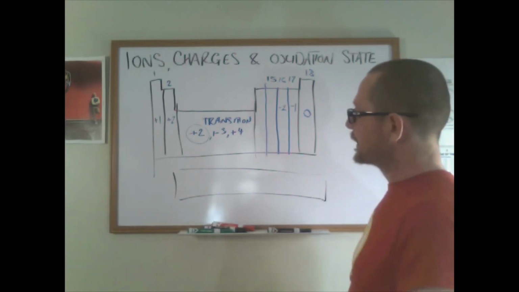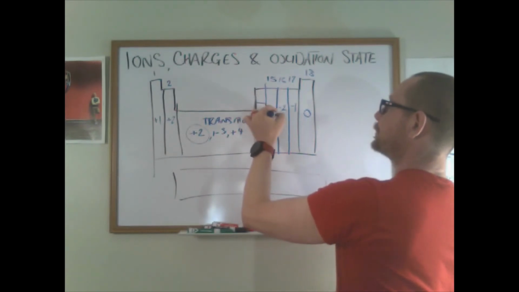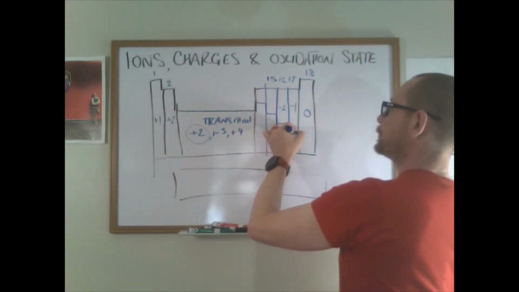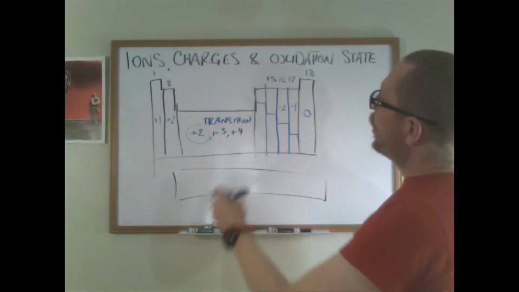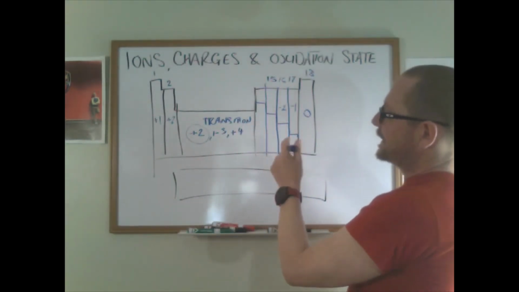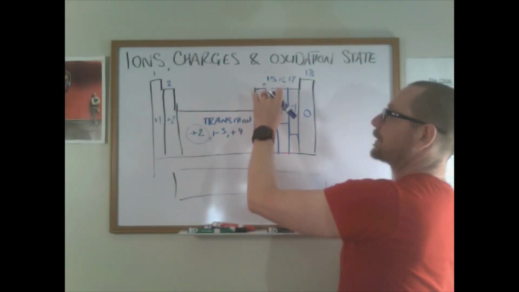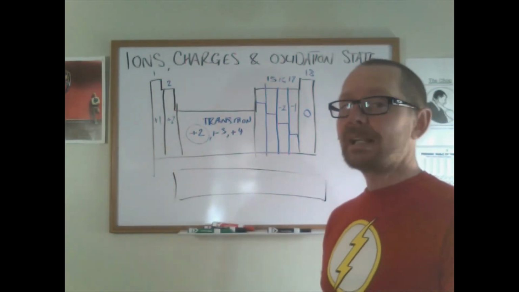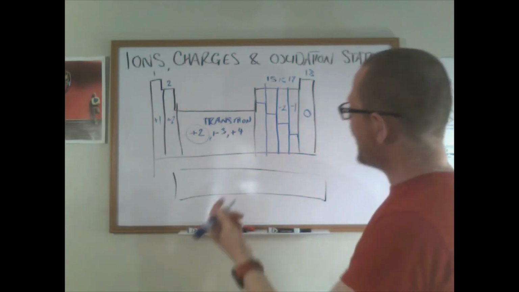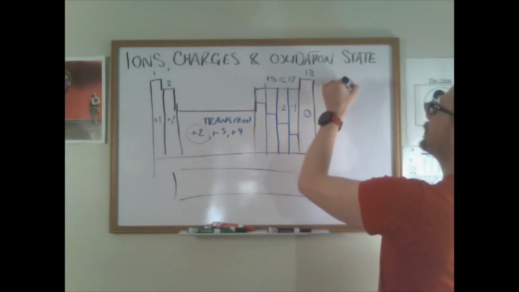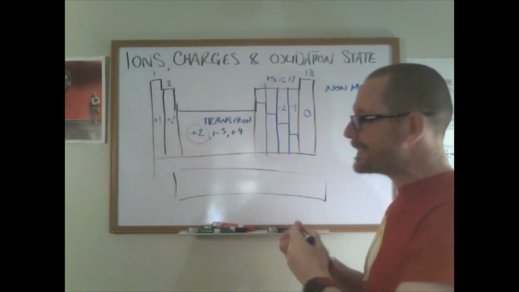The problem is this: however it goes on this periodic table, what we've got here is some are metals and some are non-metals. Non-metals typically like to form anions, those are the negative charge.